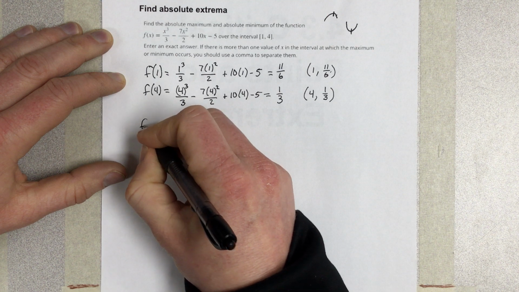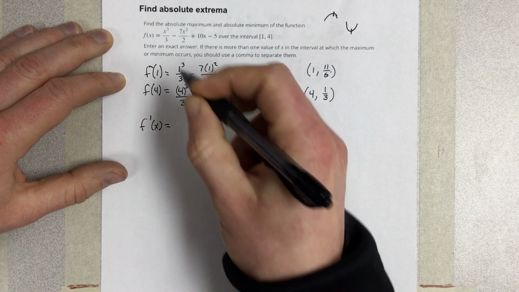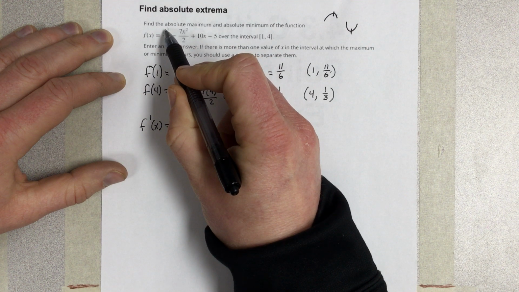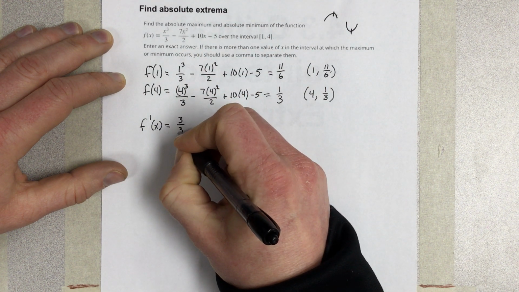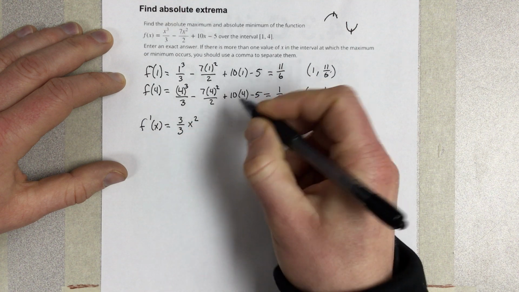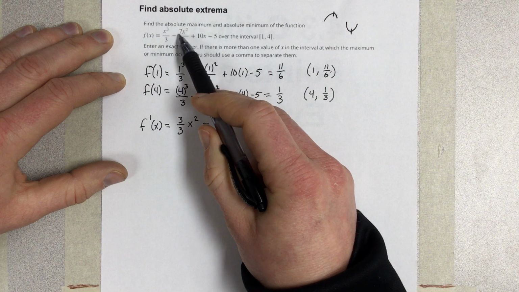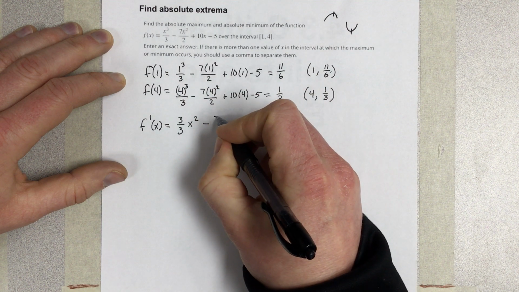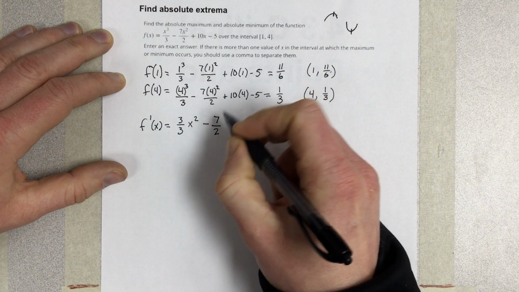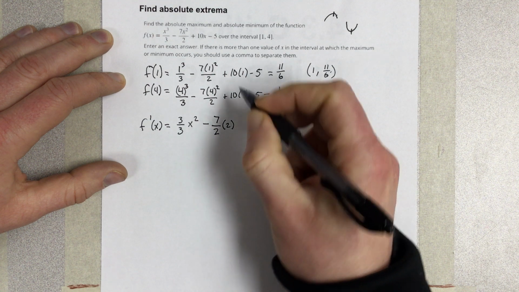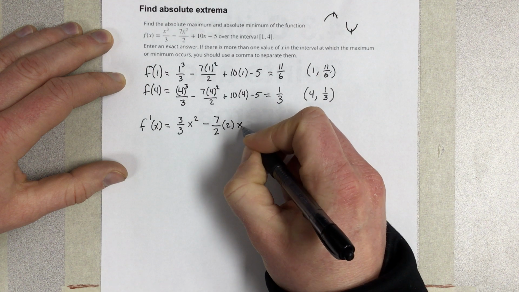I'd say f prime of x is going to equal, when I bring the 3 to the front, 3 over 3 x squared, minus, when I bring the 2 to the front here, 7 over 2 times 2, because I'm bringing that 2 to the front, and then that would be just x left.